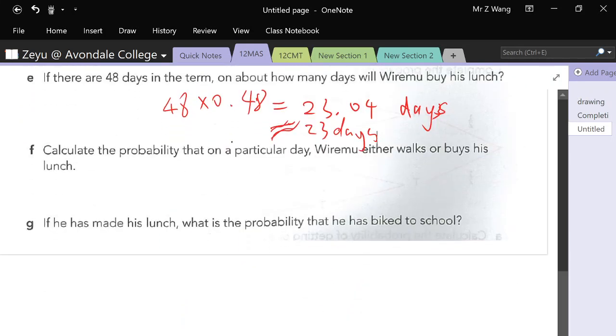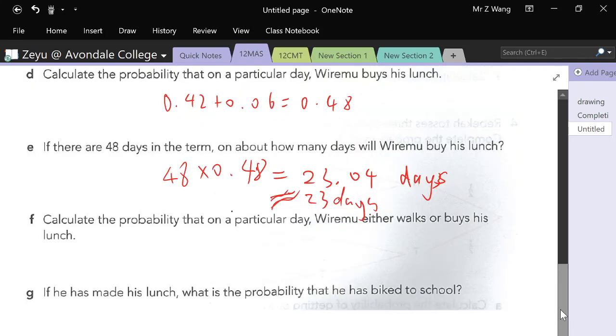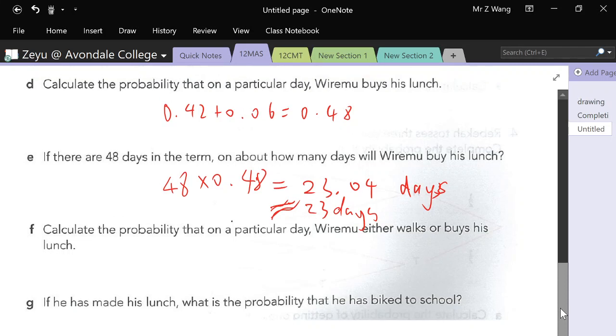Now, this last question, look carefully. If he has made his lunch, what is the probability that he bikes to school? Now, first, is this conditional or unconditional?